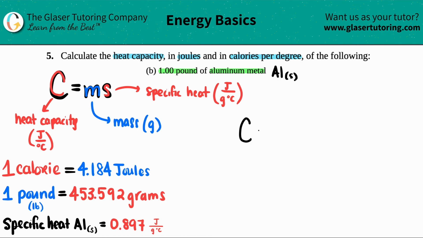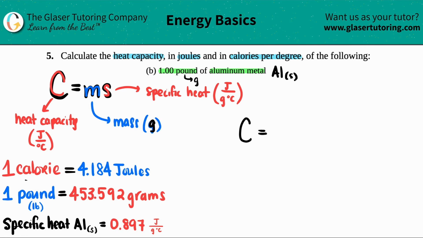Heat capacity of this aluminum equals the mass. Now, whoa, we need it in grams. They gave me 1.00 pound. So what do I have to do? I got to convert from pounds to grams. Well, thankfully, we know a conversion.